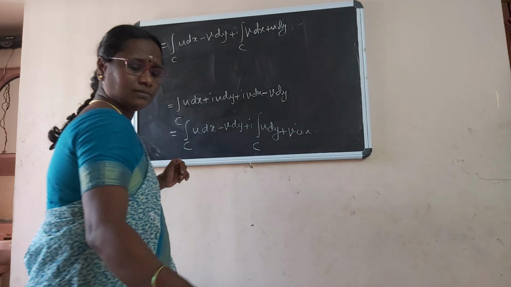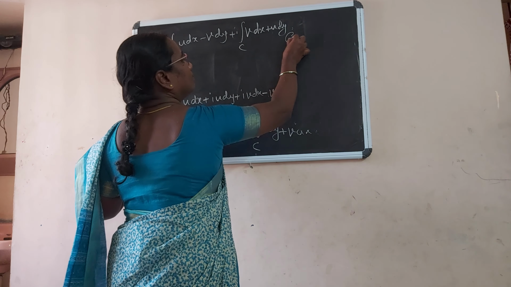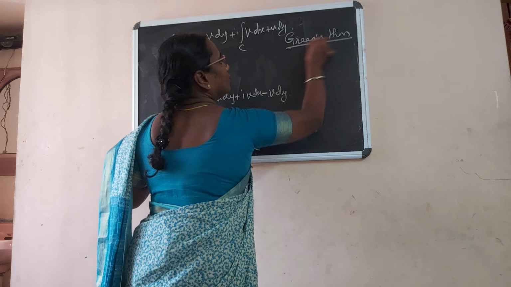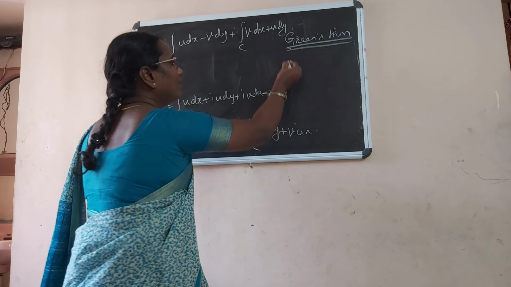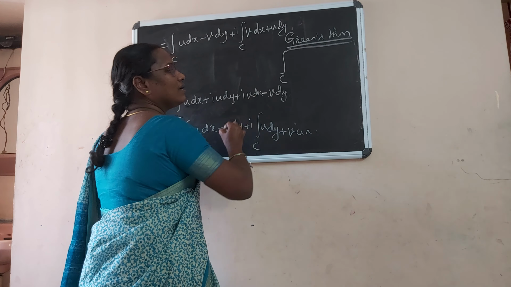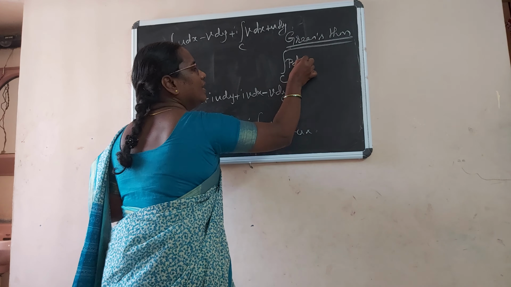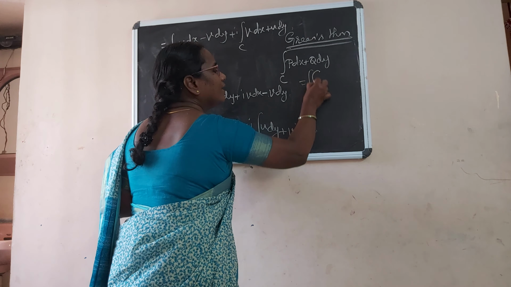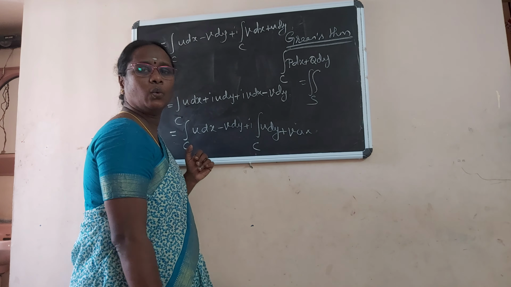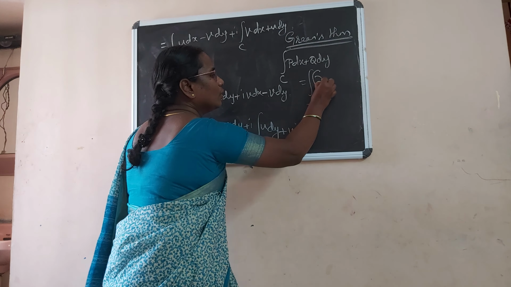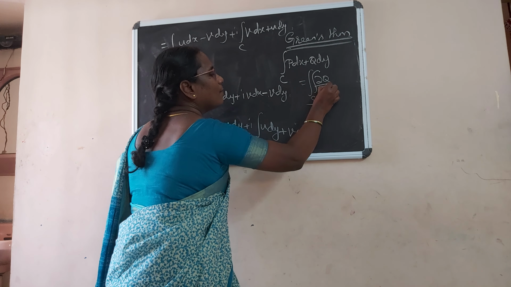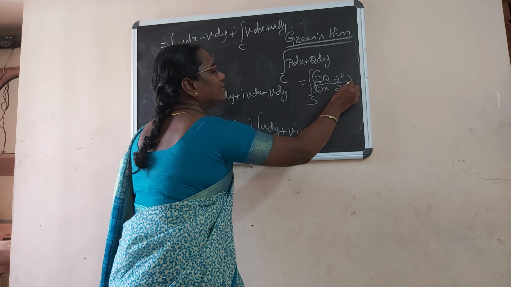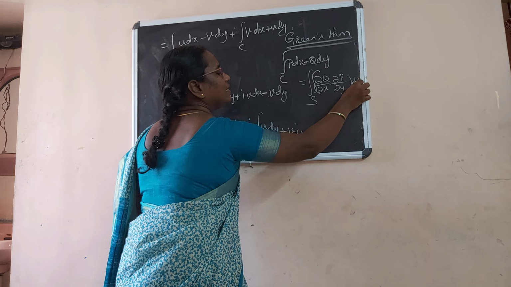Green's theorem states that the line integral over C of p dx plus q dy is equal to the double integral over the surface S of dou q by dou x minus dou p by dou y into dx dy.